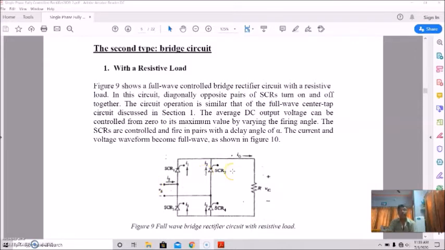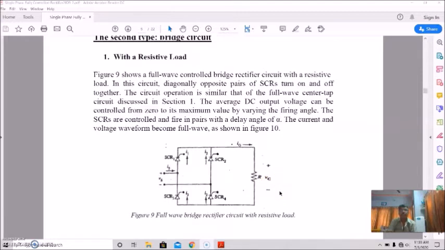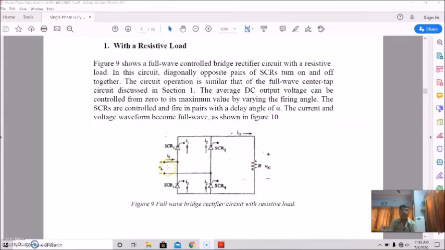The current and voltage waveforms become full wave, as shown in the figure. So this is the current through SCR1, this is the current through 2, this is I3, and this is I1.